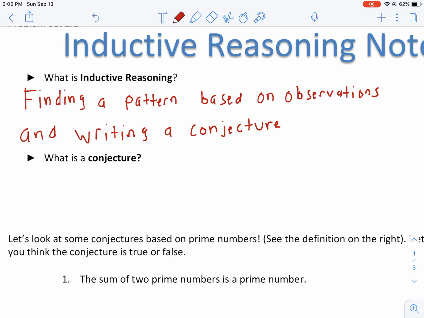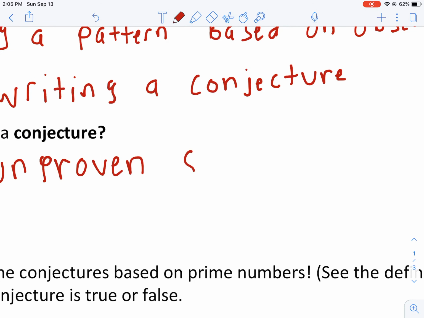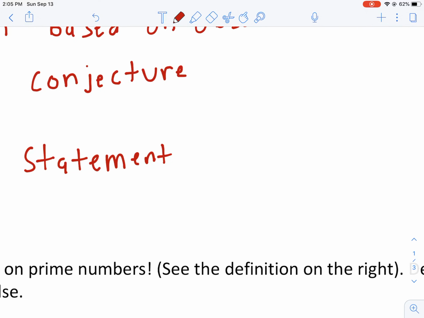Now, you might not know what a conjecture is, okay? So what is a conjecture? So a conjecture is an unproven statement based on those observations.